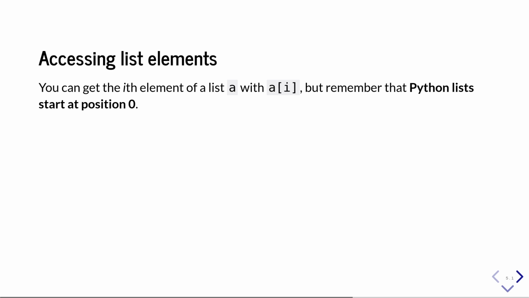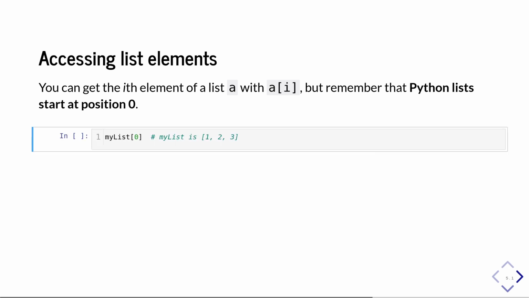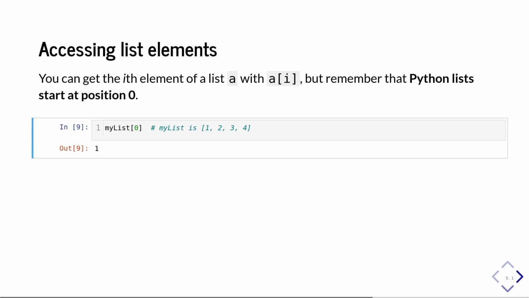So the first thing in the list, the thing on the left, is the one at index 0. My list is now 1, 2, 3, 4 with a 4 on the end. But my list square brackets 0 would be the element on the left of that list, which would be 1. And if you wanted the last element in the list, you could do that with my list element number 3. That would be 4.